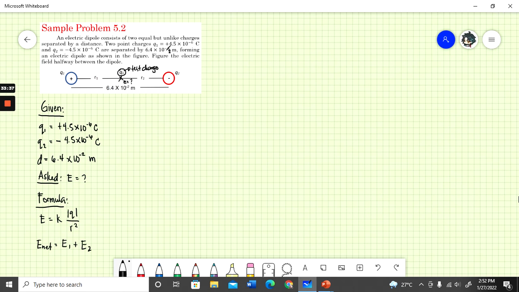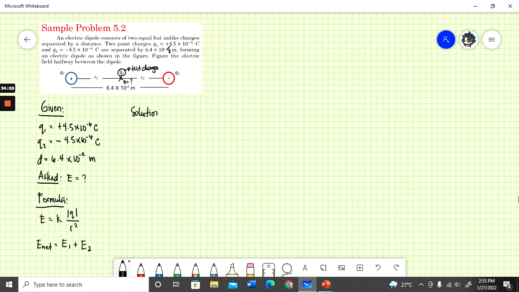So let's put a test charge right here. And usually, so that we wouldn't get confused, just use a positive test charge. We're going to put a test charge in the area where we want to find the electric field. And then we will have to compute the electric field due to Q1 and due to Q2 that is being experienced by our test charge.